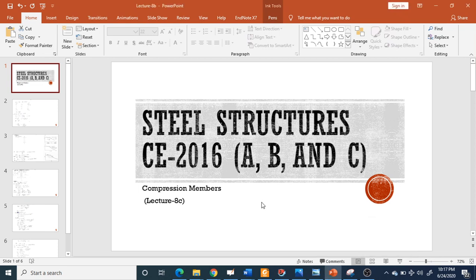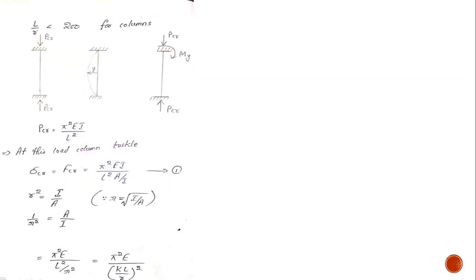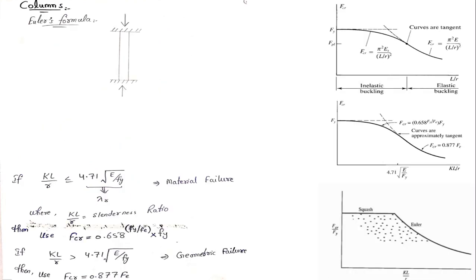Okay, guys, today is our third lecture in this series, on compression members. You have studied the basic concepts in the previous lectures related to compression members. You have studied the Euler equation, the squash equation, and the critical load under which a column would buckle.